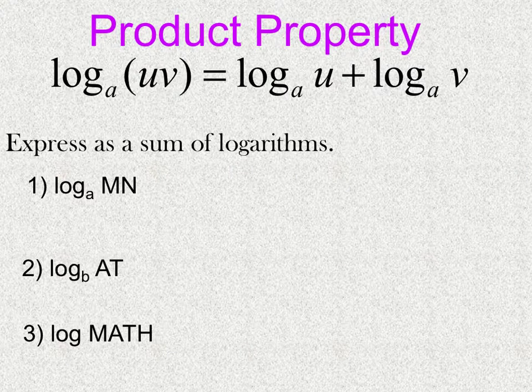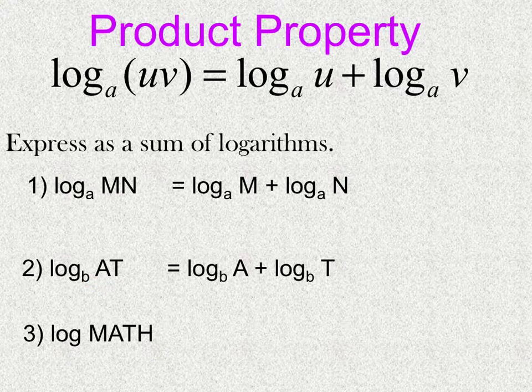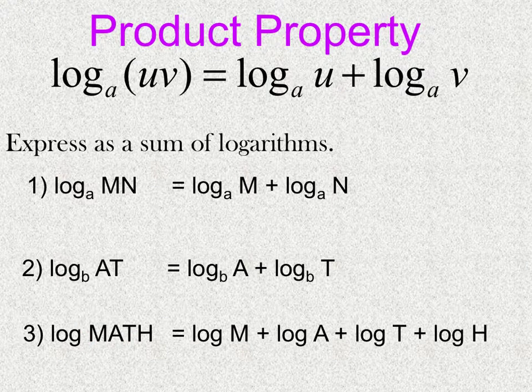So log base a of mn would be the same as log of m plus log of n. Likewise, at can be split up into log of a plus log of t. Log of the word math, if these were all individual variables, could be split up into the sum of 4 logs, where each of those arguments is an individual letter.